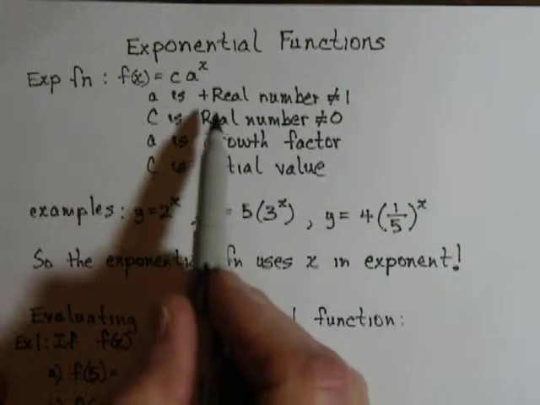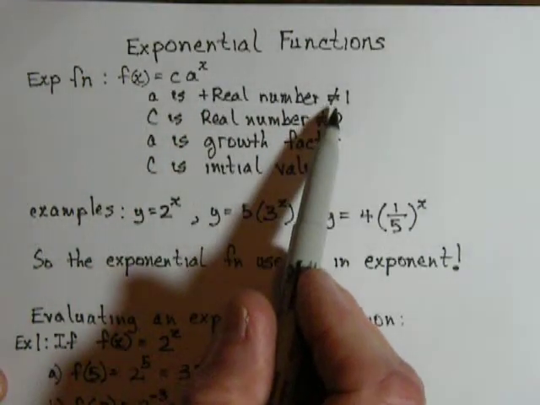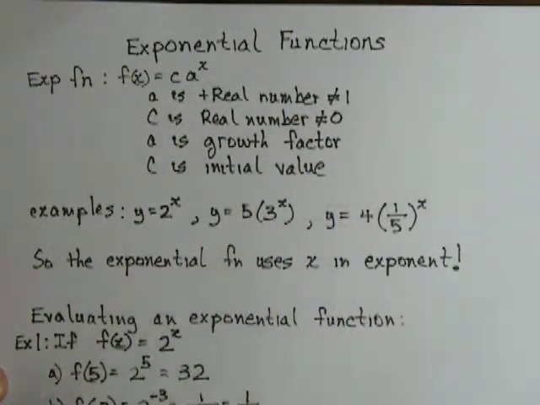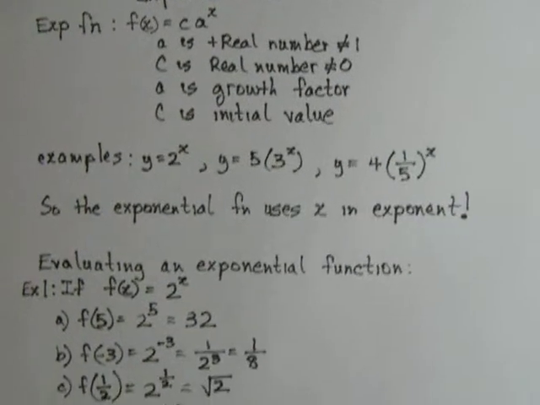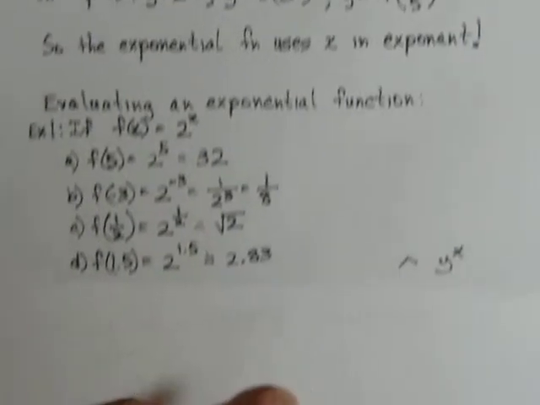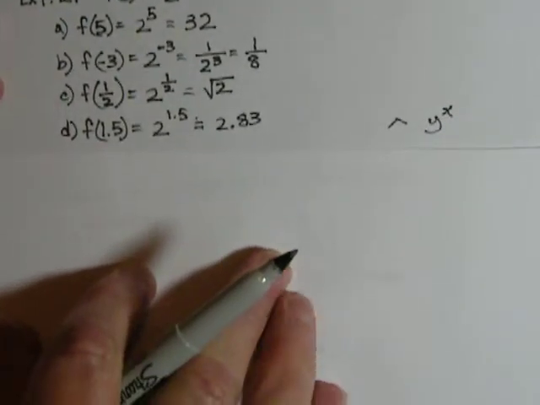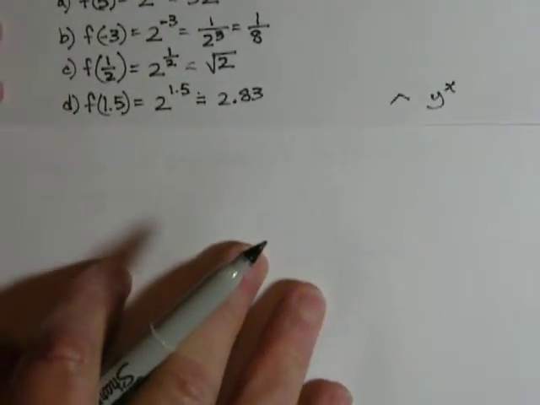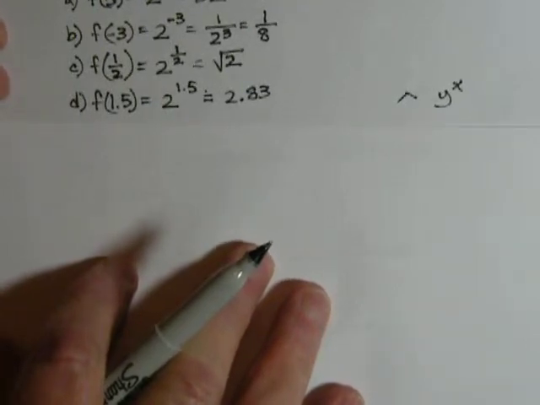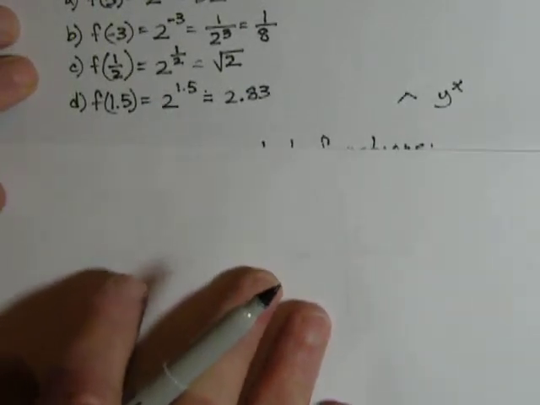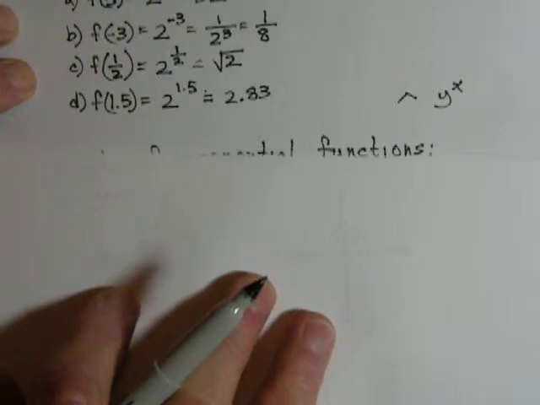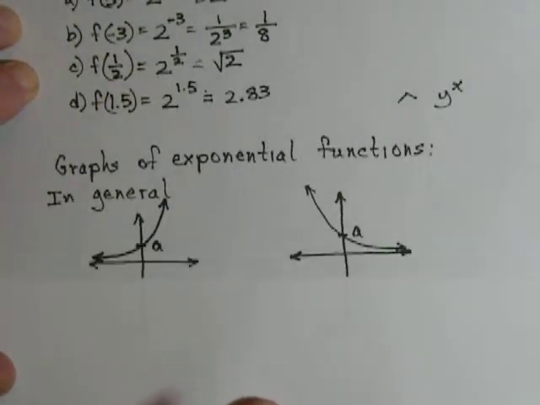Remember we said a is a positive real number not equal to 1. Well, now if that's the case, a can either be greater than 1 or a can be between 0 and 1. Now if a is greater than 1, what you're going to be doing is raising a number greater than 1 to different powers to get your values.